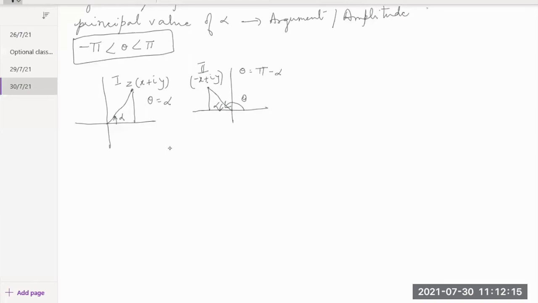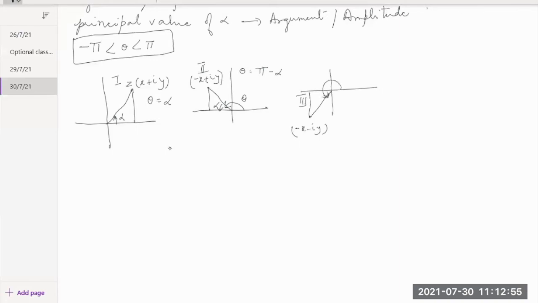All right. Now, let's see the third one. When my complex number lies in the third quadrant, let's say this is my Z. The representation of this this time will be simply minus x minus iy. This is going to be my complex number lying in the third quadrant. My x is negative and y is also negative. Now this time see what will be theta? Theta starts from the x-axis, comes over here.